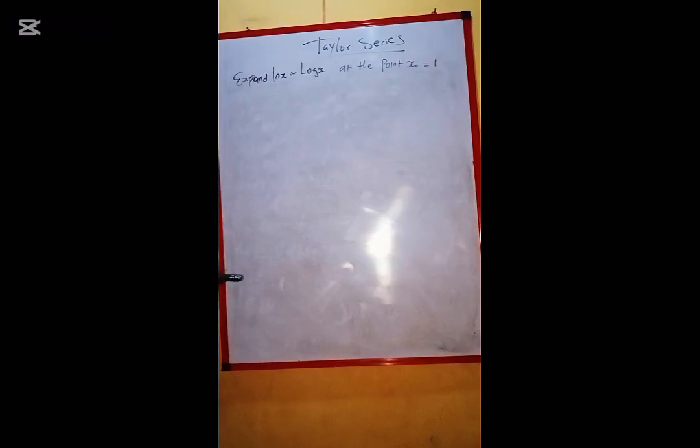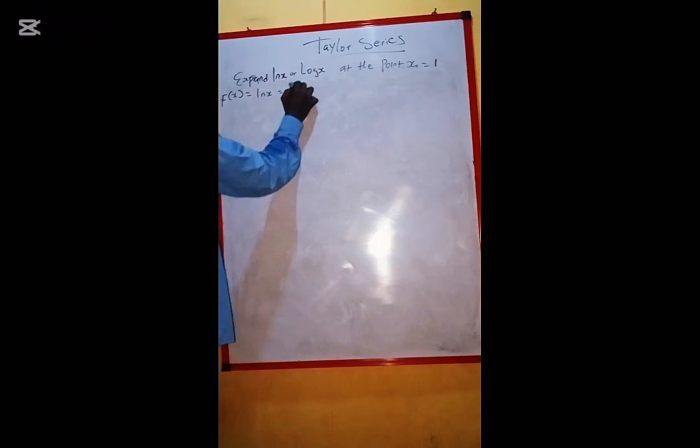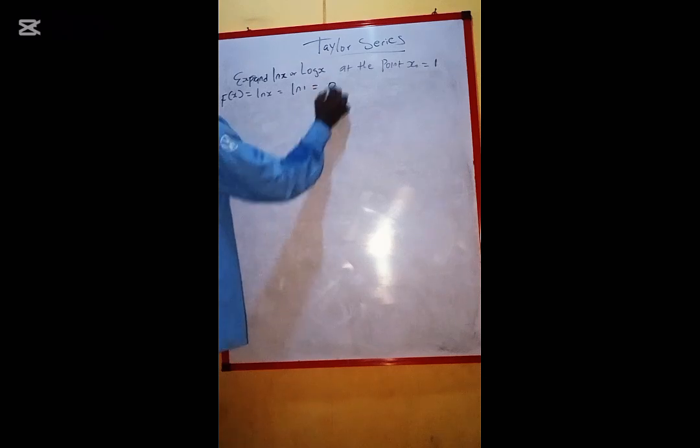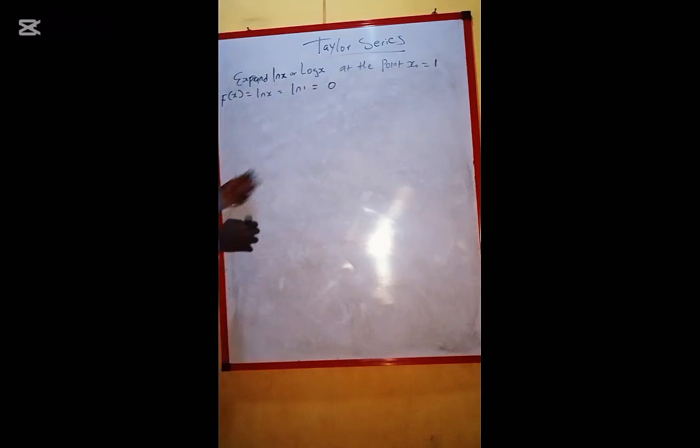For this question, expand log x at the point x not equals to 1. So the same step, our function f of x equals to what? ln x. When x equals to 1, that's ln 1 is equals to what? 0, or log 1 is equals to 0.